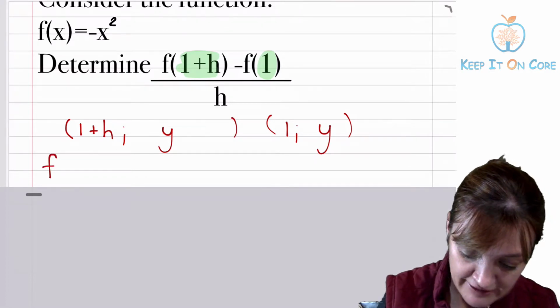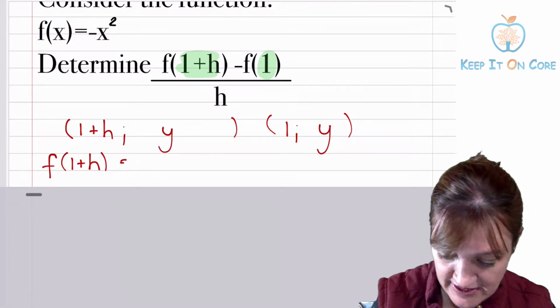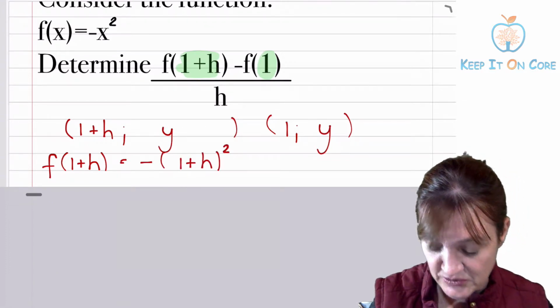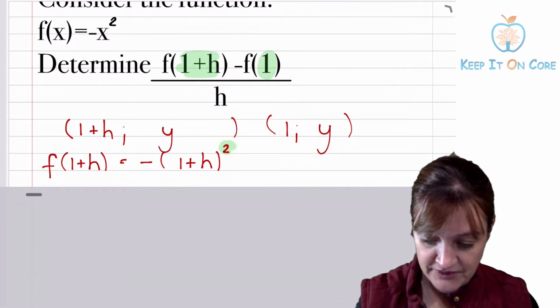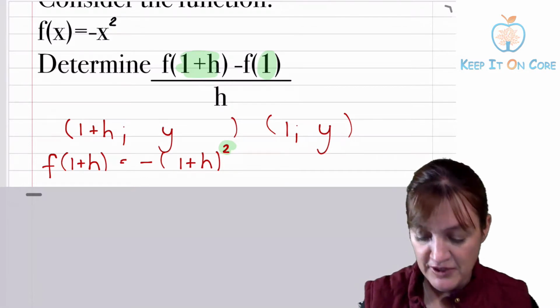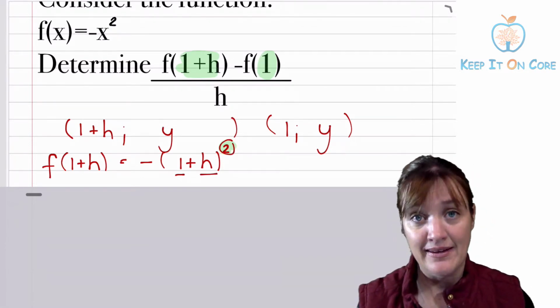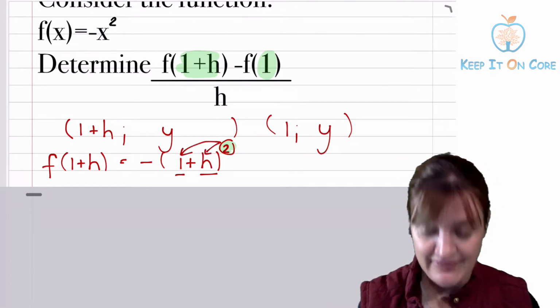Instead of f, we're going to work out f(1 + h), and we do that by substituting 1 + h into the equation, which is negative x squared. Here's a very quick algebra note. If you've got a binomial, two terms that are being squared, please do not make the very careless error of just squaring each term.